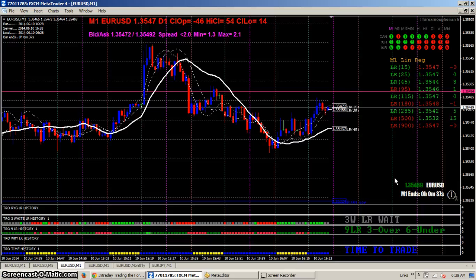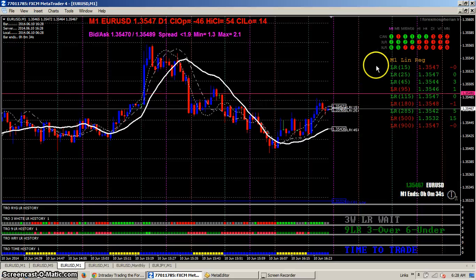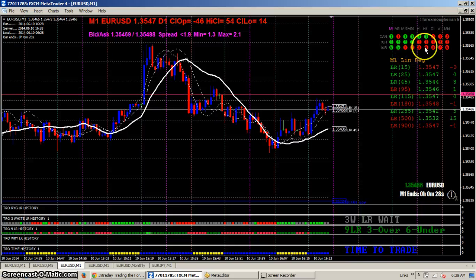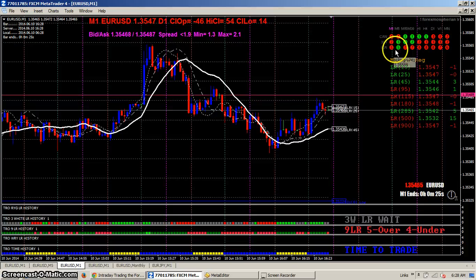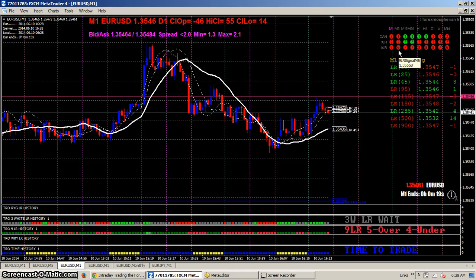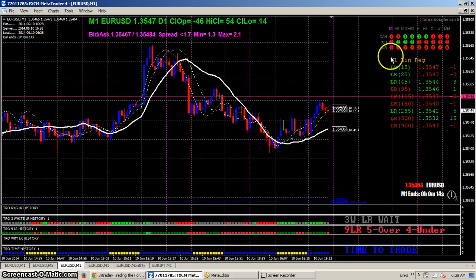And also, if you could comment on whether or not you would consider these higher time frames. In other words, you're looking here, you can see that the 5 minute is telling you to go long. Okay, now it just switched over to short, because these LRs start to get compressed together so these numbers can change.